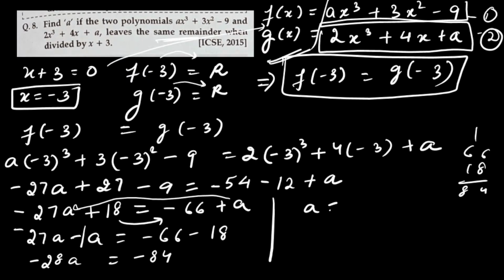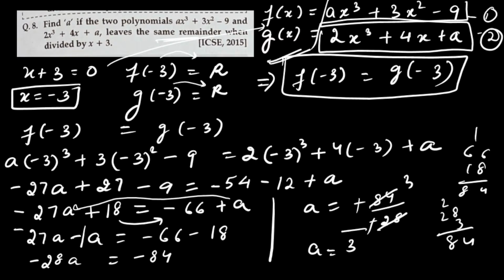So a is minus 84 by minus 28. Minus minus will get cancelled. So 28 into 3 directly, because you have already given the answer. We can just check. Yes, 28 into 3 is 84. So A's value is equal to 3.